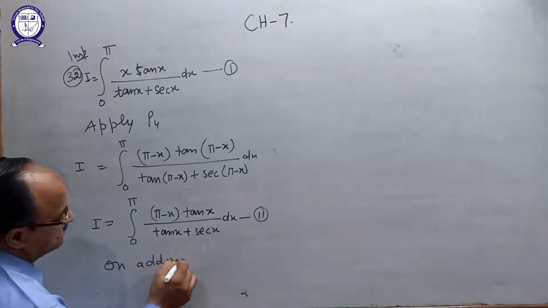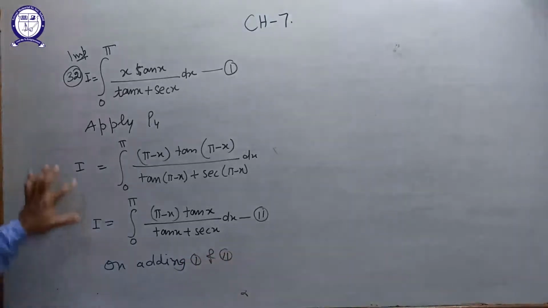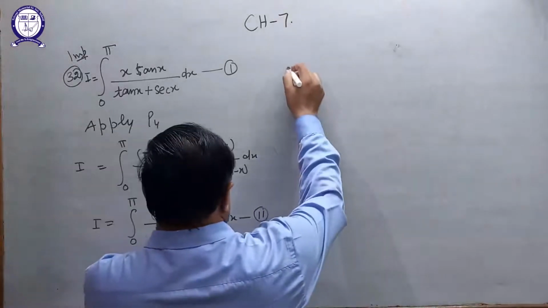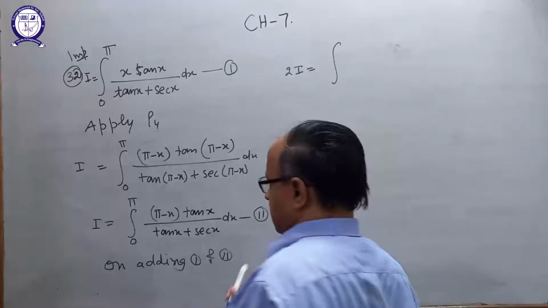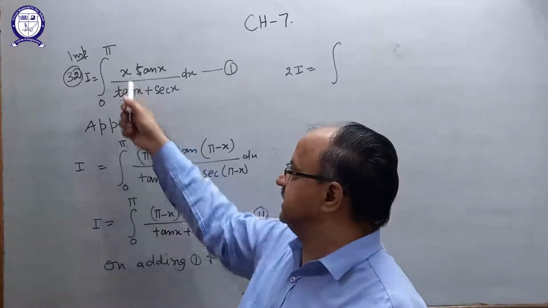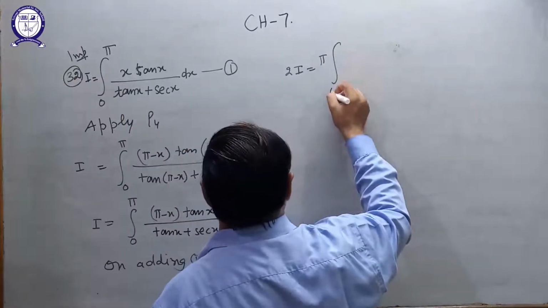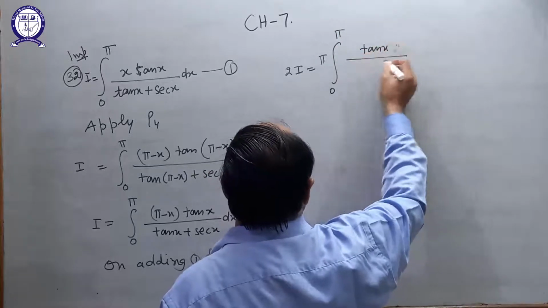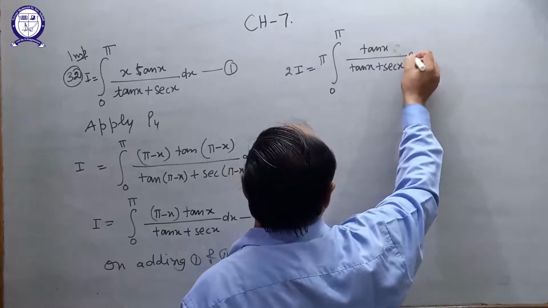On adding first and second, you know that I plus I is 2I. Pi minus x plus x is pi only, you can write here, and limit 0 to pi, tan x upon tan x plus sec x dx.